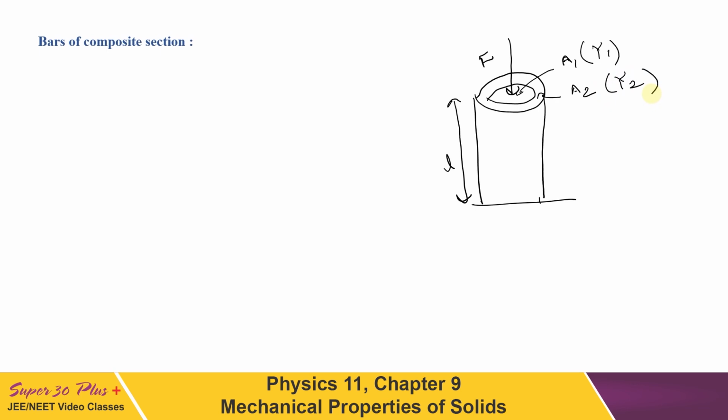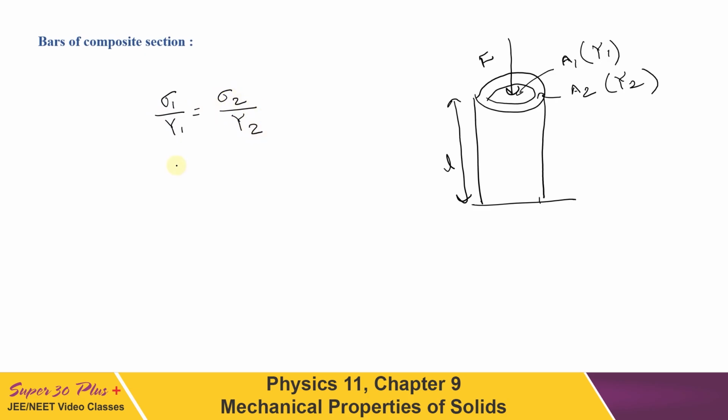Now if sigma 1 and sigma 2 be the stresses induced in the two materials, then sum of restoring forces in the two materials should balance the externally applied load F. Or we can write that if compression in two portions have to be same, then sigma 1 upon Y1 should be equal to sigma 2 upon Y2.